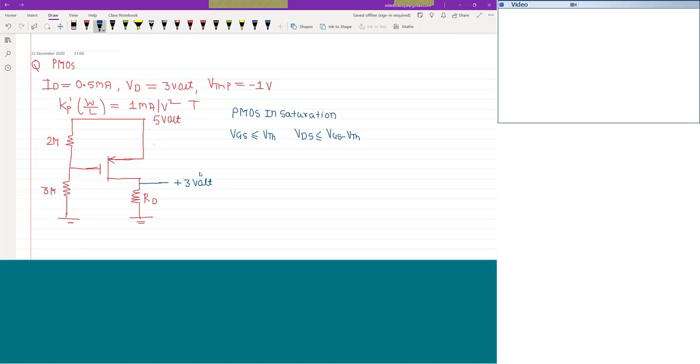So this transistor is what? This is a PMOS transistor. कौन सा है ये? This is PMOS. So VG, can I say this is 5 volt? So current will be 1 microampere. तो यहाँ का जो voltage होगा, that voltage will be 3 volt. है ना? So what is the condition?